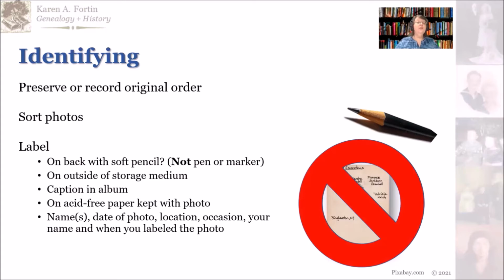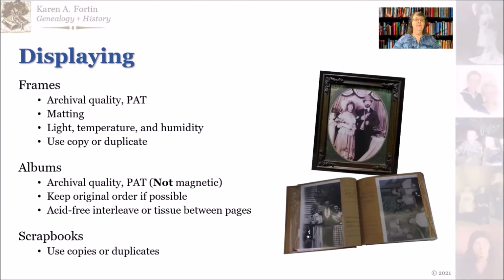Some experts also say that it's a good idea to record your name and when you labeled the photo, so that again, that information can help provide clues to future generations who inherit that photograph.